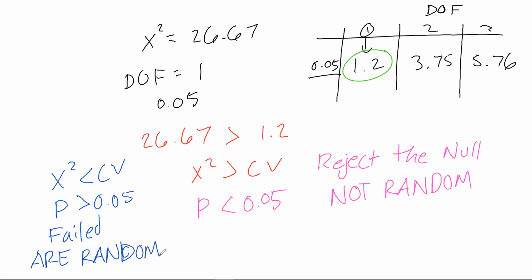If my results are random, that means they are not statistically significant and all of my calculations were correct, or all of my assumptions with the expected values were correct, right? So the easiest way to remember this is x is greater is reject, x is less is fail, and if you reject, it is not random, and if you fail, it is.